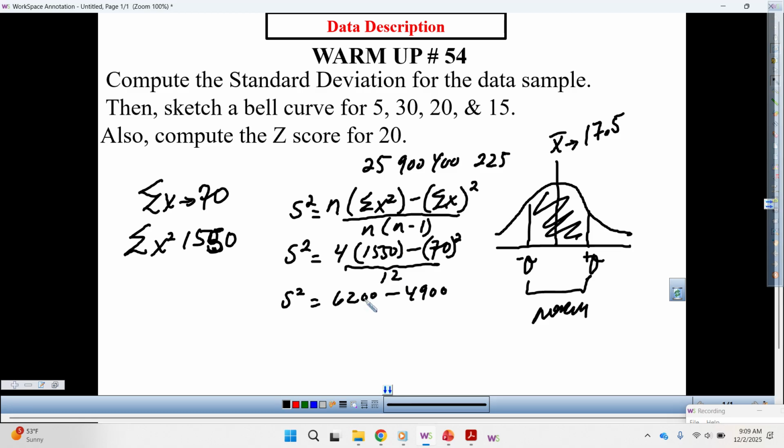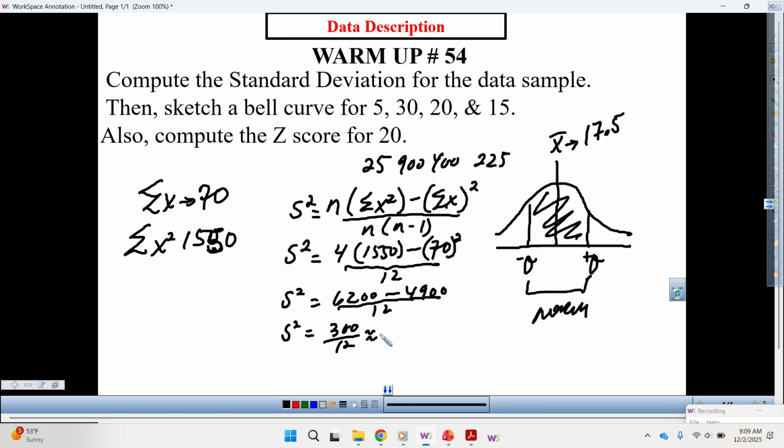Let's see. Is it 520? No, it's 620. All right, divided by 12. So my variance is 300 divided by 12.